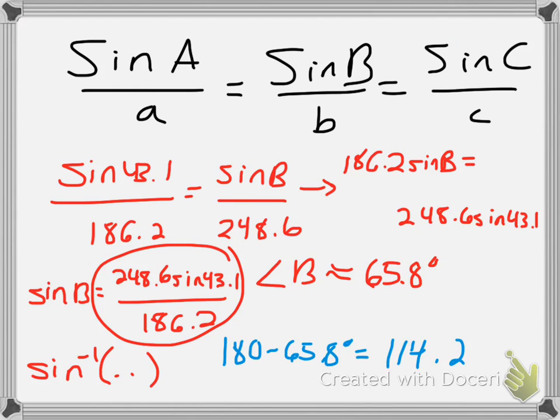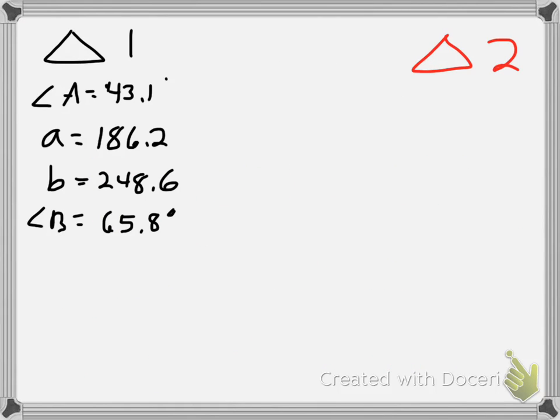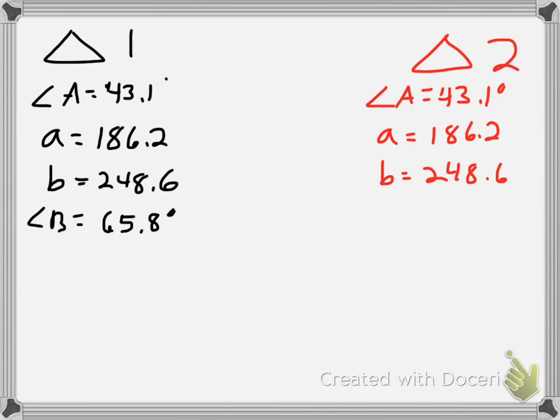The second triangle, a lot of this is the same. We still say angle A is going to be 43.1 degrees. Side A is still 186.2. Side B is still 248.6. And we said our alternate angle B is 114.2.